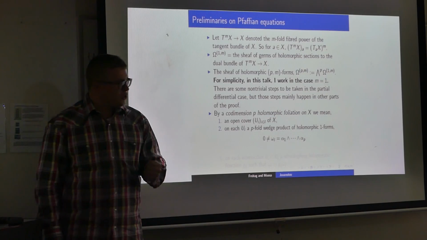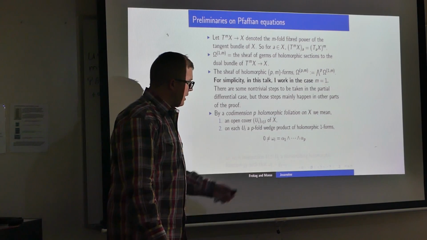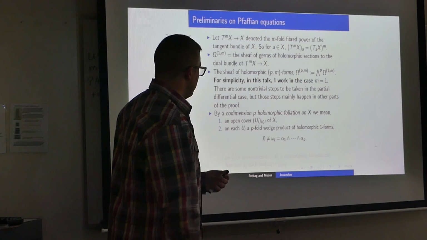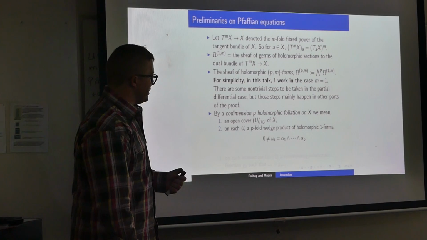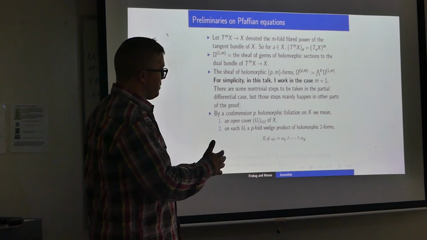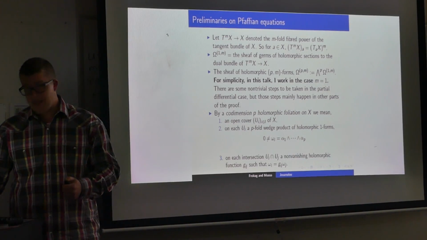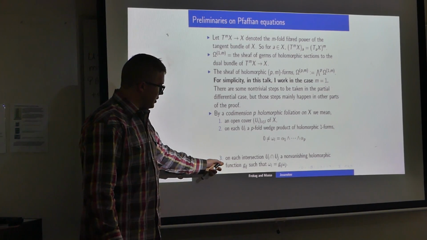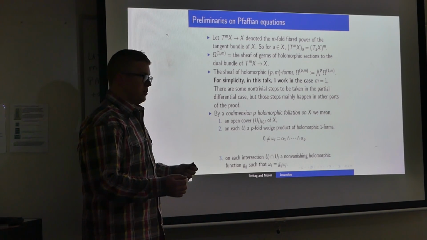Then on each piece of the open cover, we have some wedge product of these forms, alpha 1 through alpha p. It should be not equal to 0. So what that means is that those alpha 1 through alpha p are linearly independent. Okay? In that vector space. And we also have on the intersections transition maps between the wedge products of one forms.